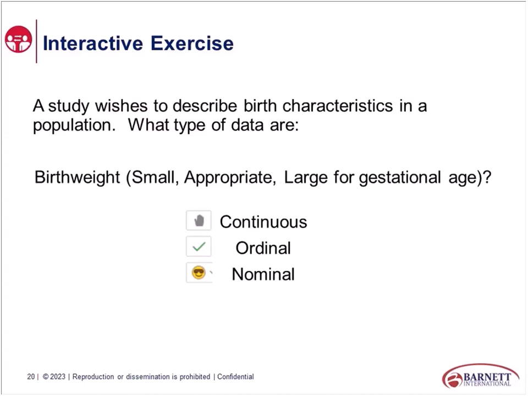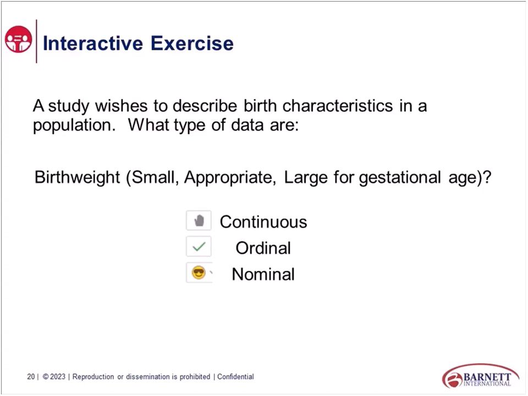Suppose now we have birth weight, but it's being categorized into small, appropriate, or large for gestational age, which is often how it's classified in medical charts. We have a continuous and an ordinal.